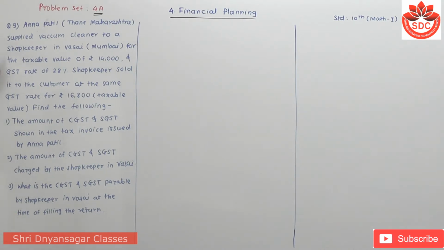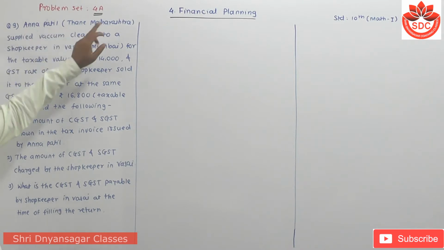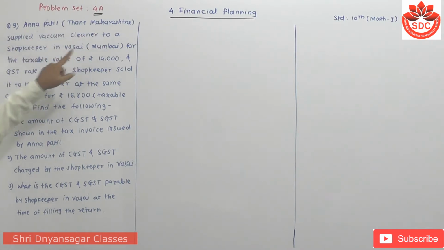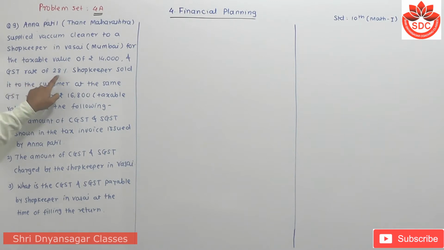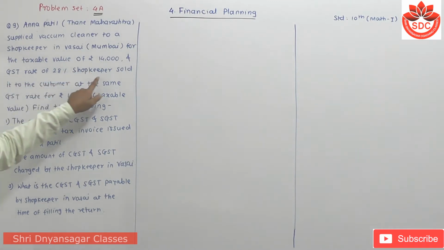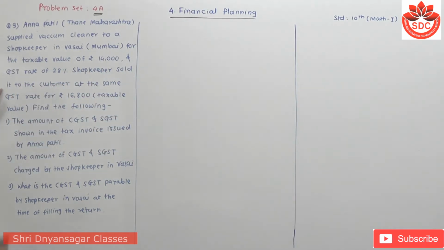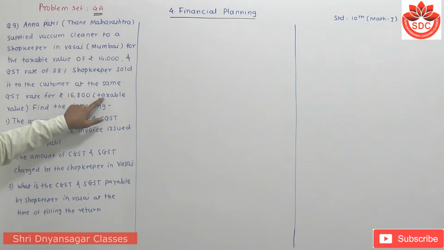Question number 9. Anna Patil, Thane in Maharashtra, supplied a vacuum cleaner to a shopkeeper in Vasai, Mumbai, for the taxable value of rupees 40,000 and GST rate is 28%. The shopkeeper sold it to the customer at the same GST rate for rupees 16,800 included taxable values.